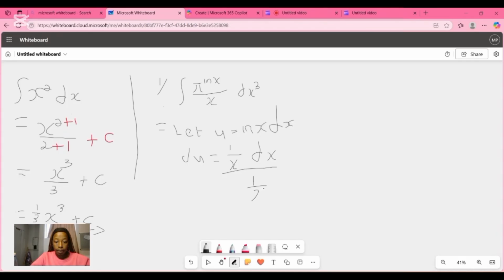What you do on the right side, you also do on the left side. So our dx is equals to x du.